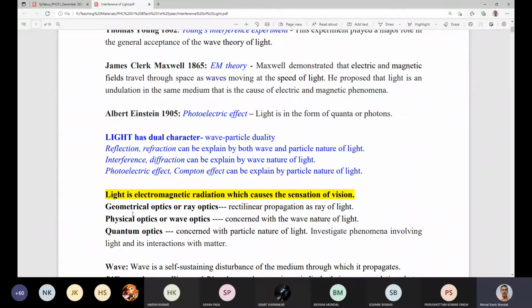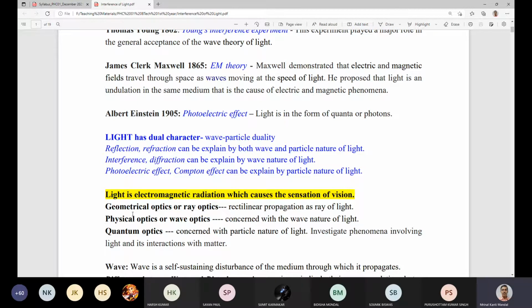Up to your class 12, you have learned ray optics, and there is an introduction to physical optics, that is wave optics, interference and diffraction, right? You have already learned the introductory part of wave optics, and you have learned geometrical optics, right?